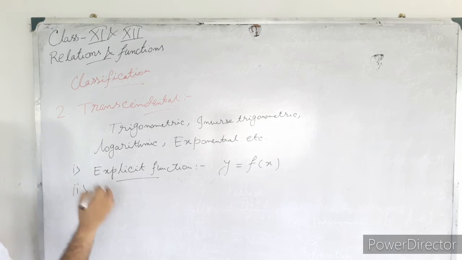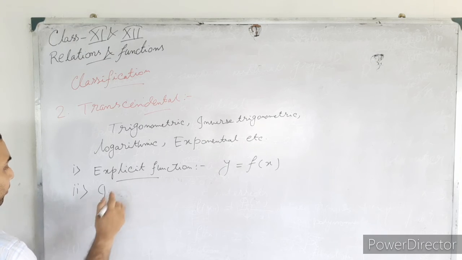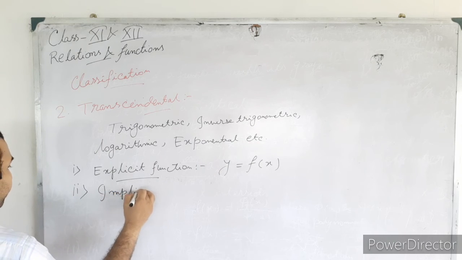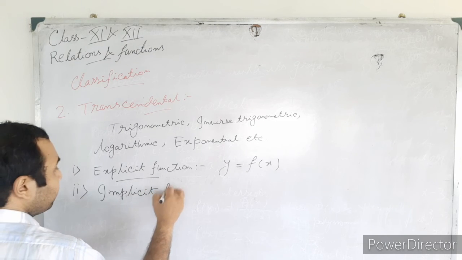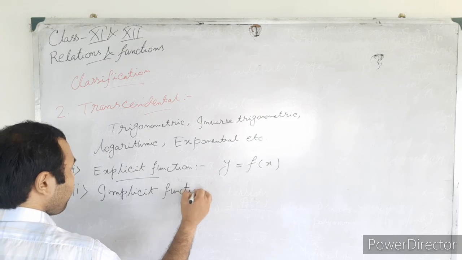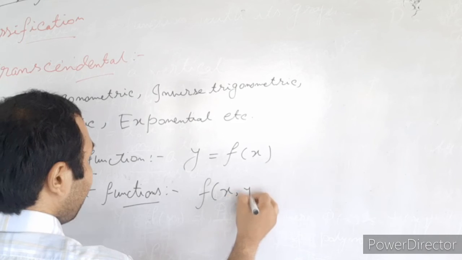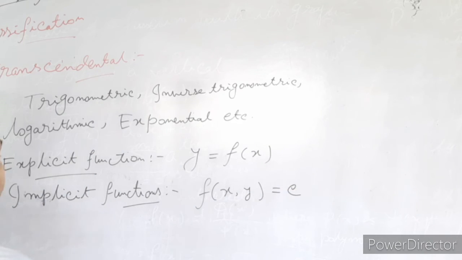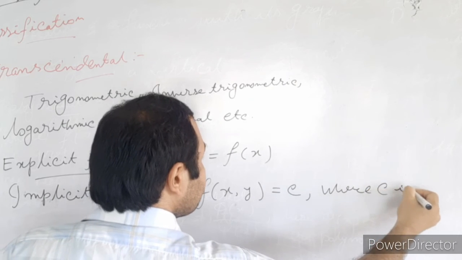And number 2, implicit functions: f(x,y) equals c, where c is a constant.